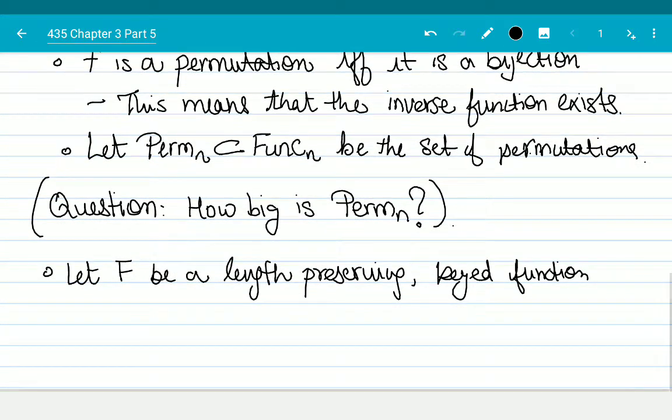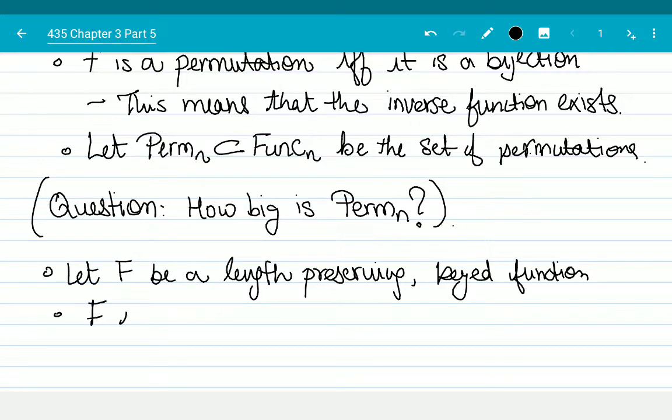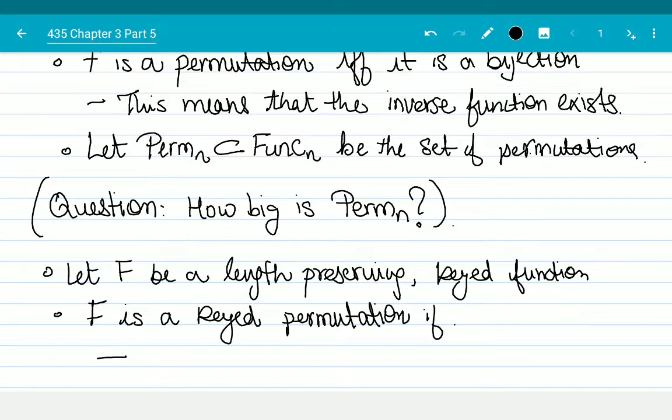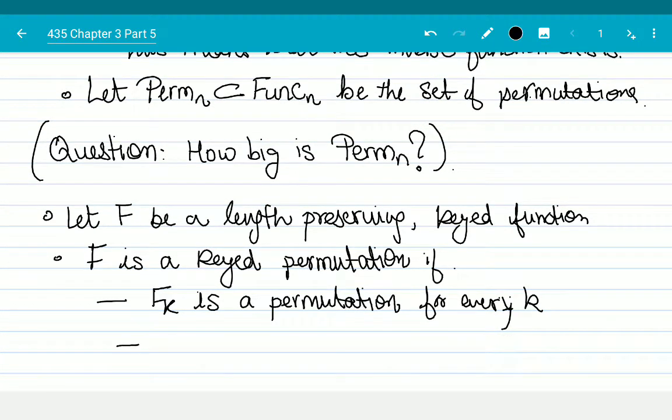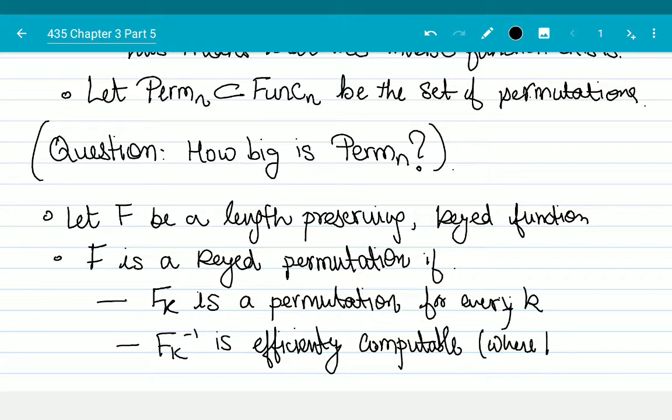Then F is called a keyed permutation if, first, F_k is a permutation for every k, and F_k inverse is efficiently computable, where F_k inverse of F_k(x) is equal to x.